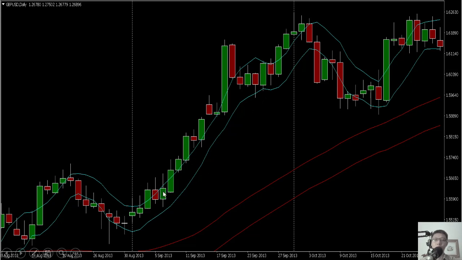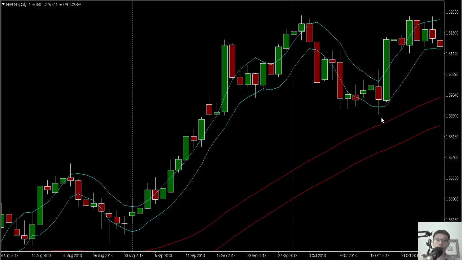See this. After touching this area, buyers once again push the price to the upside until here. A very big bearish candle closes below this low SMA, and then price goes down. But at this level, buyers come again.